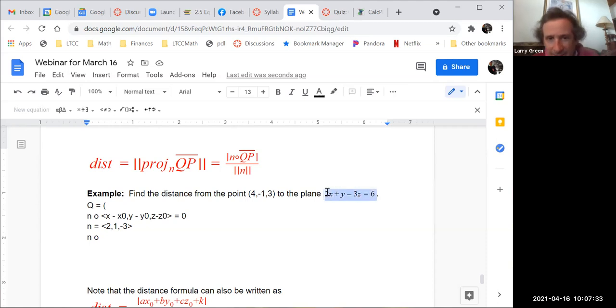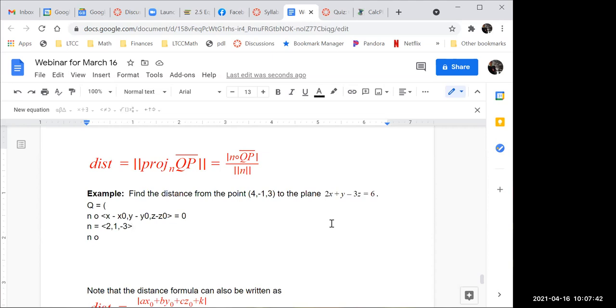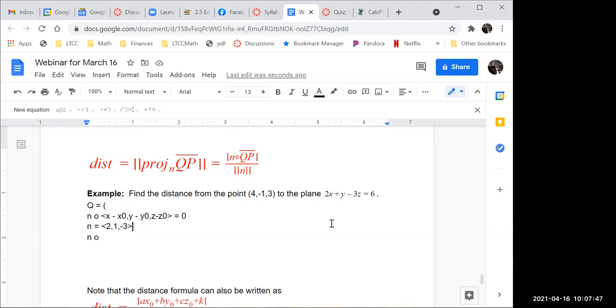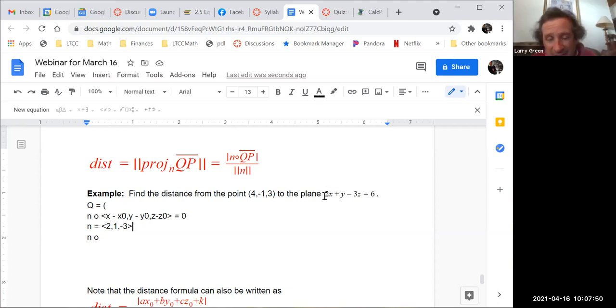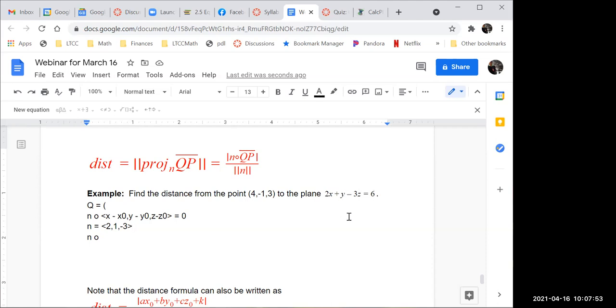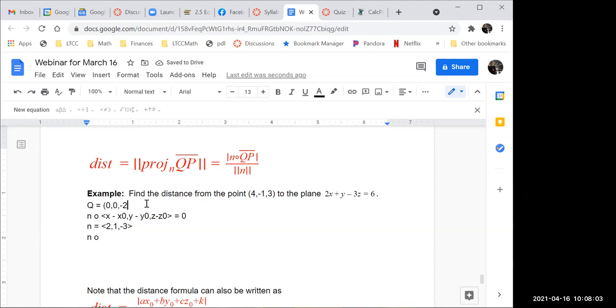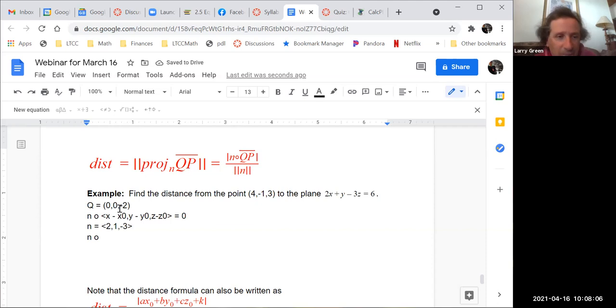That's a hint. One easy point: make some things 0. How about X and Y? If X is 0 and Y is 0, then Z is equal to negative 2. So we can let Q be 0, 0, negative 2. Again, if we let Y and Z be 0, you get 3, 0, 0, that's fine too. You get the same answer when you're done.